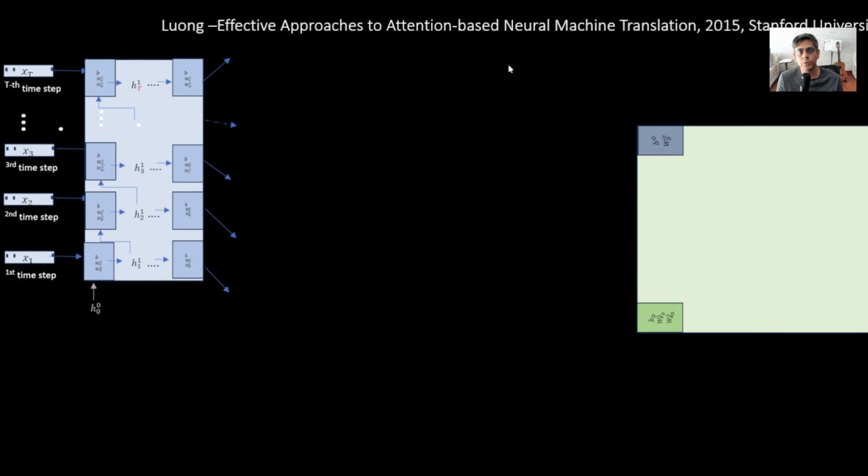Now we are coming to the Luong attention. In this paper, Effective Approaches to Attention-based Neural Machine Translation, 2015, Luong proposes various other techniques, broadly classified into 3 buckets. One is how it is sequenced: the sequencing pattern was changed, how the query sequencing will be done.